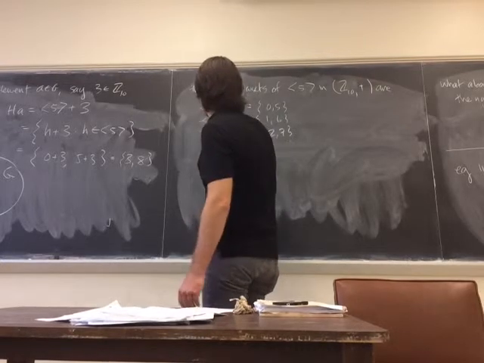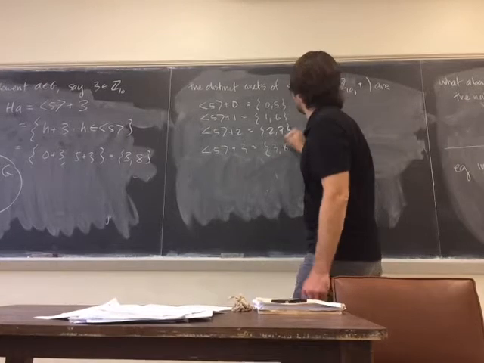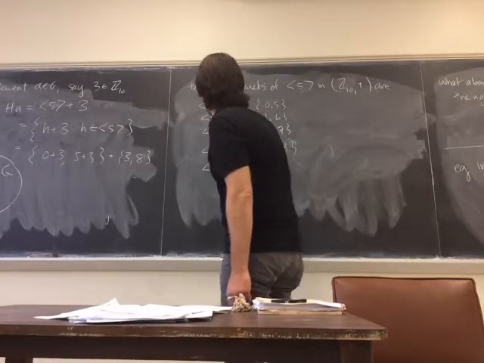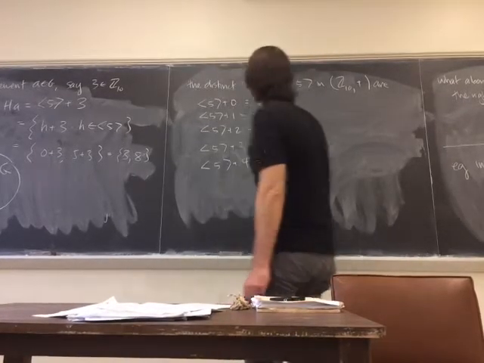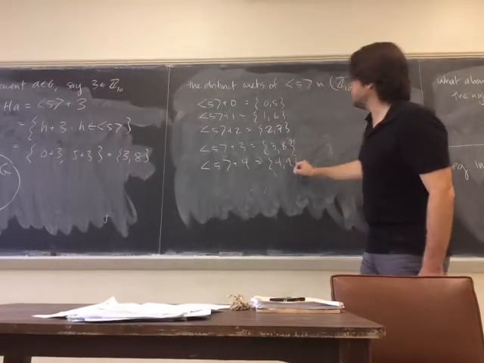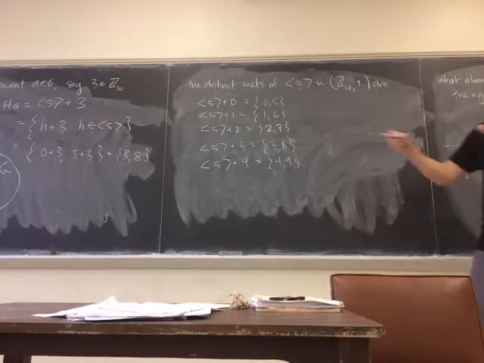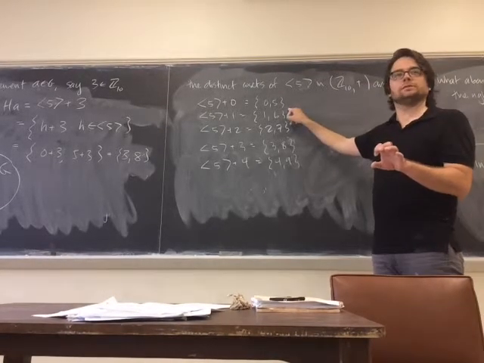So let's do a couple more here. So what is this? 3 and 8. 5 plus 4 is, what is it? 4 and 9. Now what is 5 plus 5? The subgroup 5 plus 5. That's going to be the same as this guy. Right?